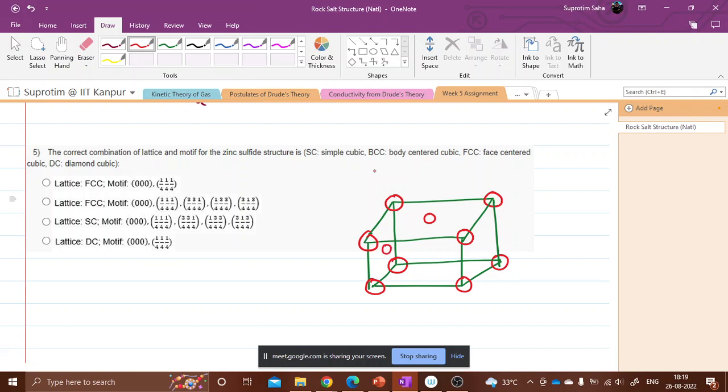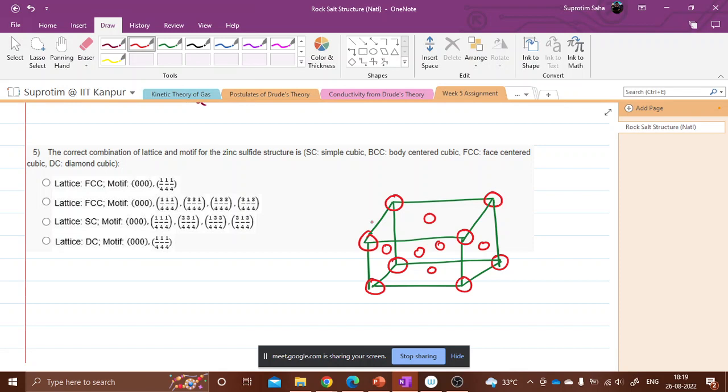So this is an FCC structure, so they should also be at the face. Okay. And this is sulfur. So zinc, the cations, will be tetrahedrally coordinated, depending on the radius ratio.